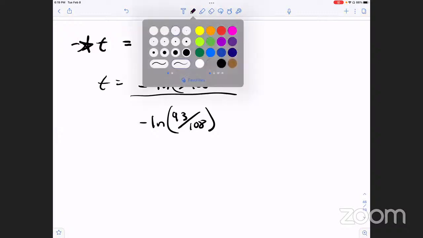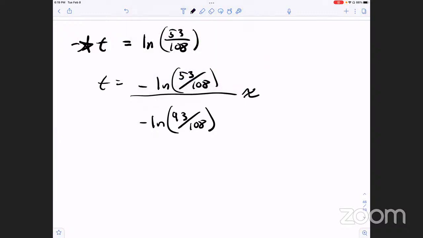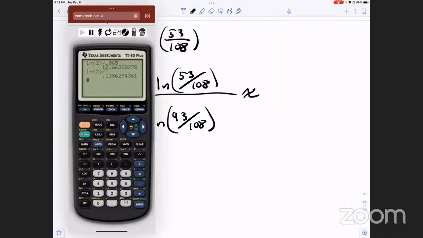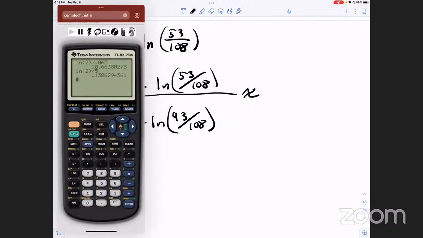So let's see, what do we get? So we get approximately, and this should be in terms of minutes. Okay, so double negative is positive, so then it should just be the natural log of 53 over 108 divided by the natural log of 93 over 108.